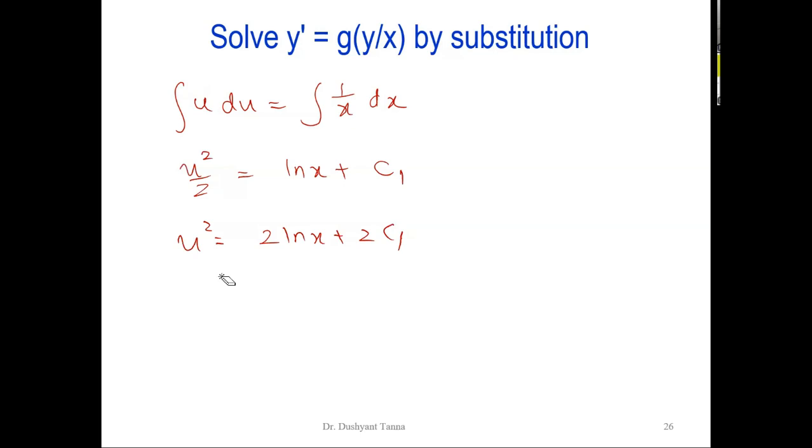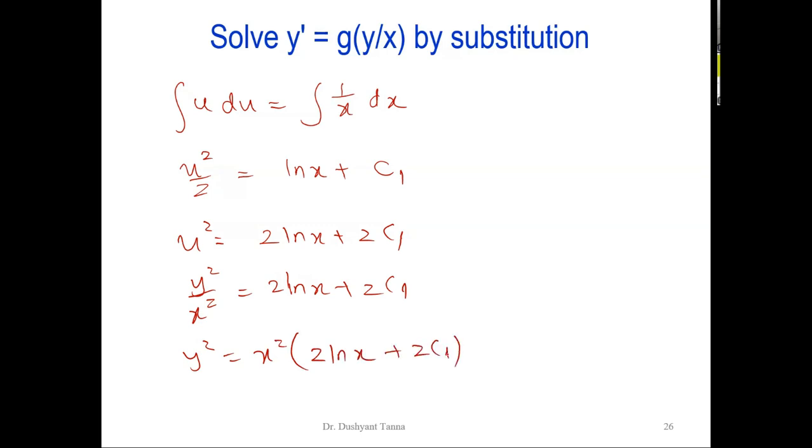So I will write y square over x square. Remember, u is a borrowed variable. Someone might have taken t, someone might have taken p, alpha, beta, we don't know. Put it back. Yeah, 2 ln x plus 2c1. I'll keep on carrying c1 unless it's a final answer. So y square is equal to x square times (2 ln x plus 2c1).